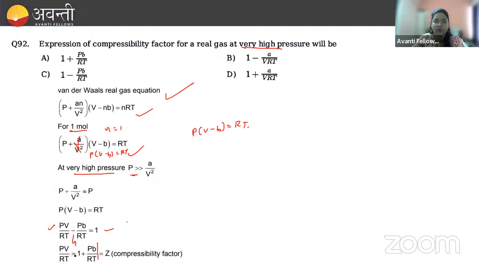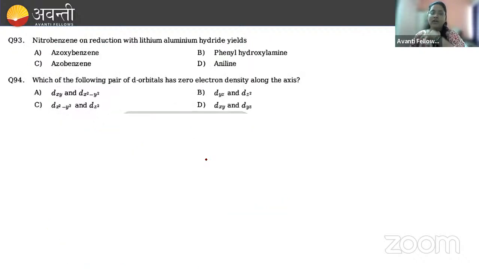PV by RT is Z. So what is the correct answer here? A, B, C, D, the options are in front of you. The answer will be A. So Z is equal to 1 plus Pb upon RT. Right. Okay, next problem.